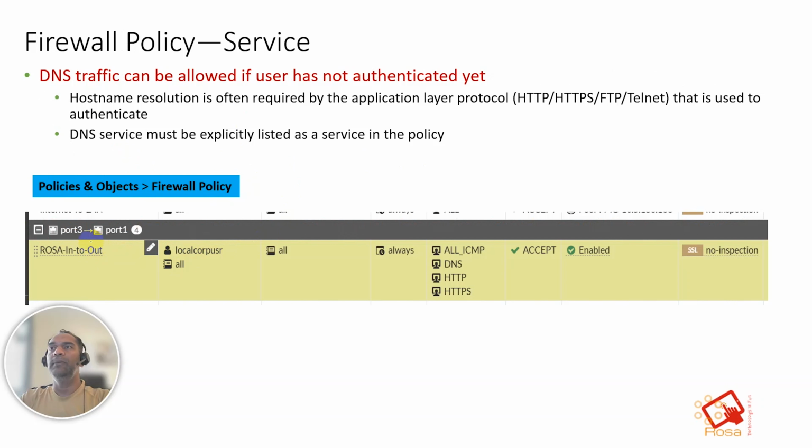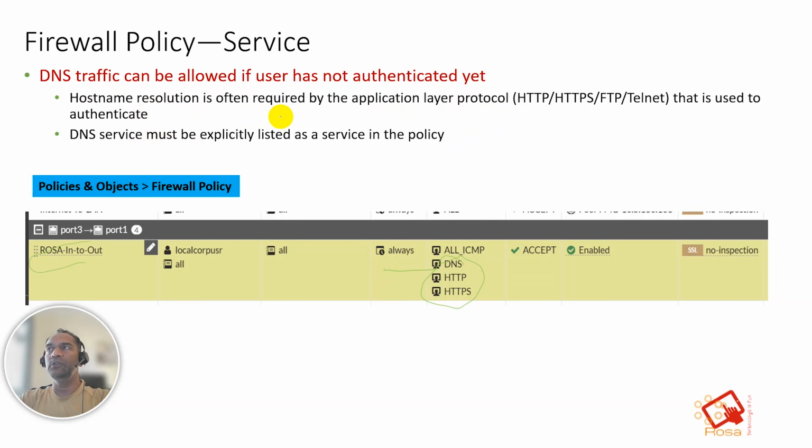So you have to have a firewall policy and you have to allow DNS, HTTP, HTTPS. DNS traffic can be allowed if the user has not authenticated yet. That means even if you are not authenticated, DNS traffic can still be allowed, because even the captive portal resolution requires DNS, right?